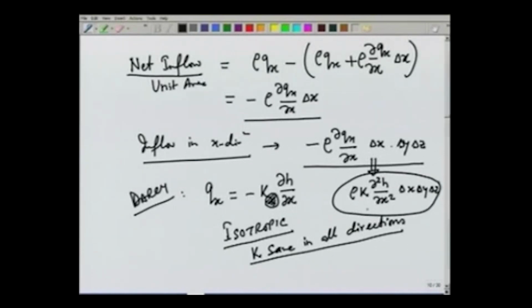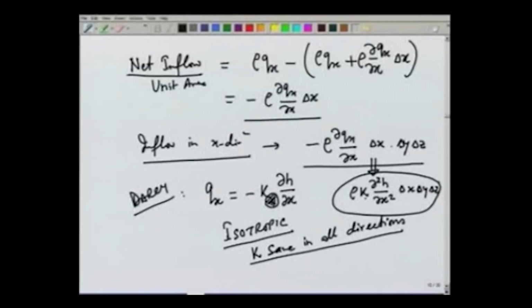So, this term represents the mass of water flowing in the x direction, the net inflow of mass into this control volume delta x, delta y, delta z, and a similar expression can be derived for y and z directions.